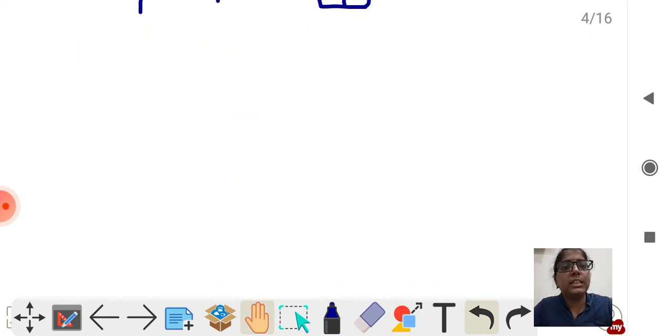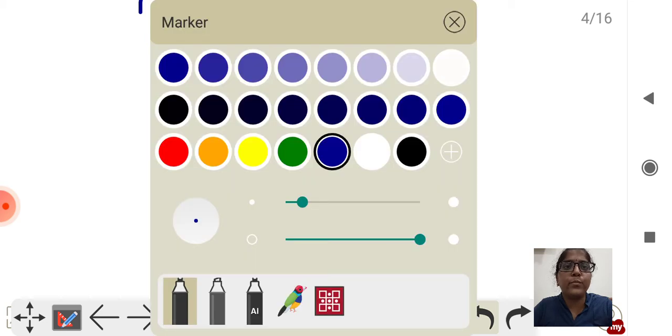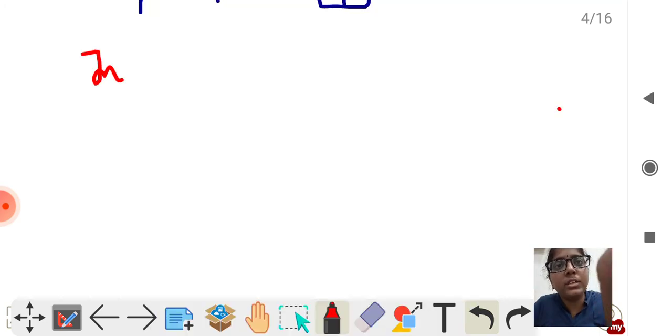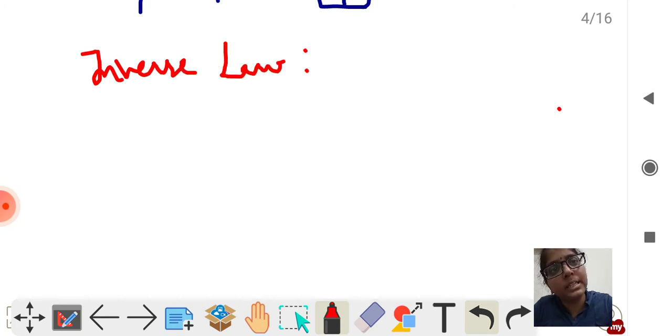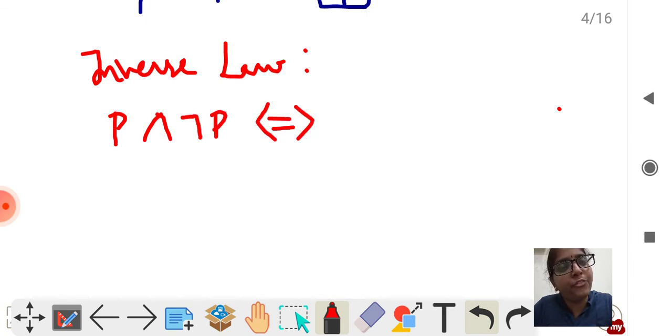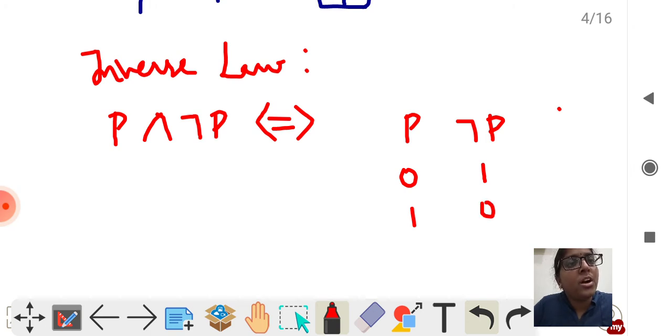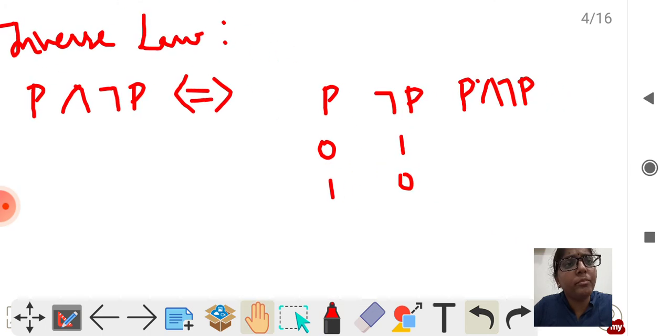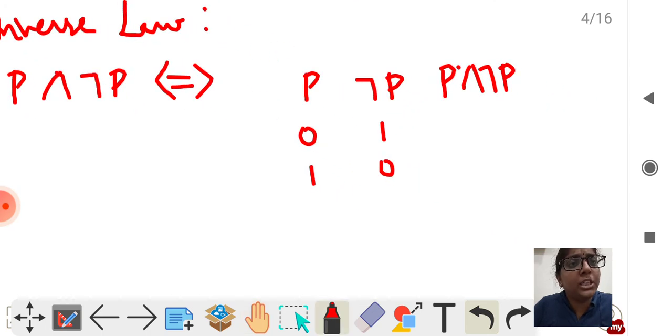So next law is inverse law. So what is inverse law? It is nothing but P and negation P is logically equivalent to something we have to find. See, you can easily find P and negation P. P is 0, 1. What is negation? 1, 0. If you put P and negation P, what you will get? If you take AND between 0 and 1 is 0. 1 and 0 is 0.